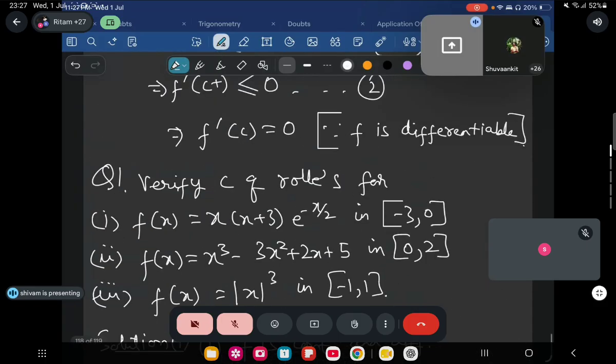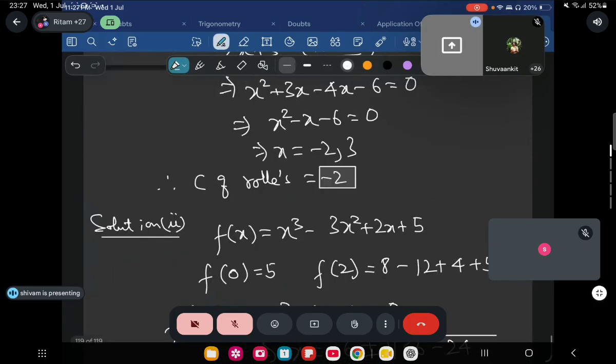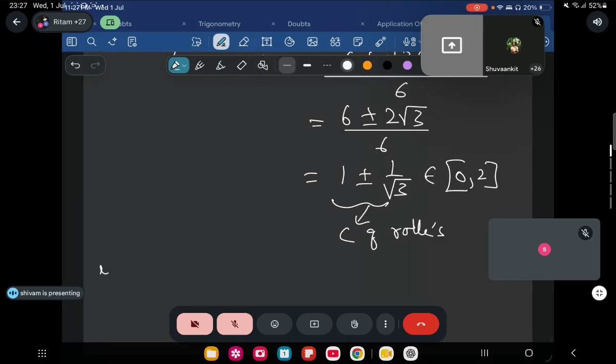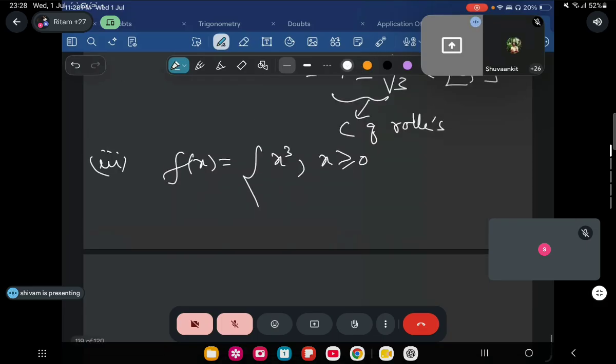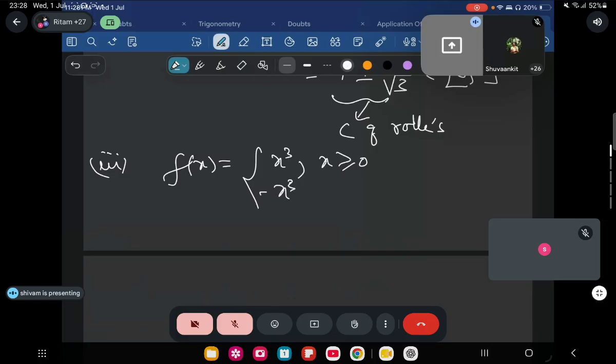Next, the last one I'm solving, everyone. F of x equal to mod x cube in minus 1 to 1. So part 3. First of all, break the function. F of x will be equal to x cube for all x greater than or equal to 0, and it's equal to minus x cube for all x less than 0. So what is f dash x?